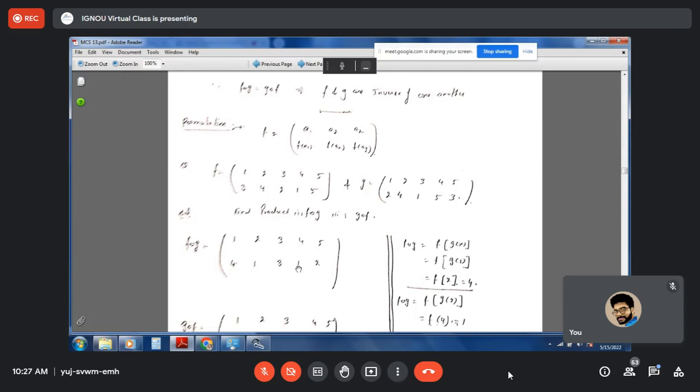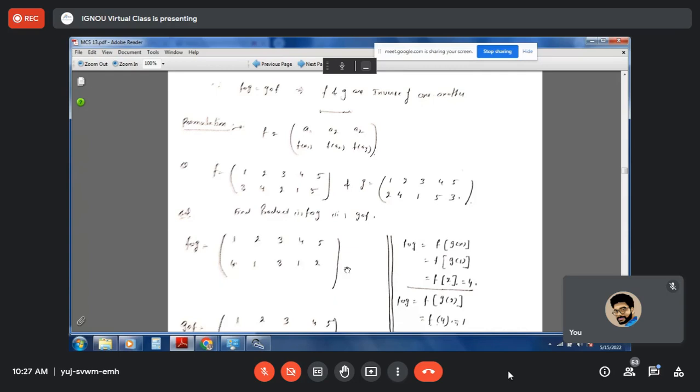Then 5. Here 5. The image of 5 is 3. See, the image of 3 is 2. It is 2, the answer. Correct it. It is not 1, it is 4. By mistake it is written.